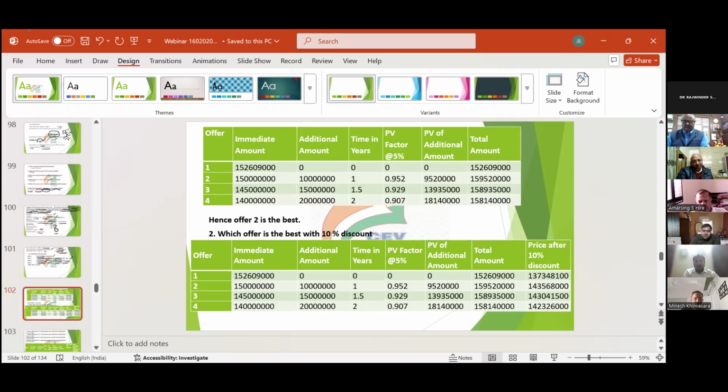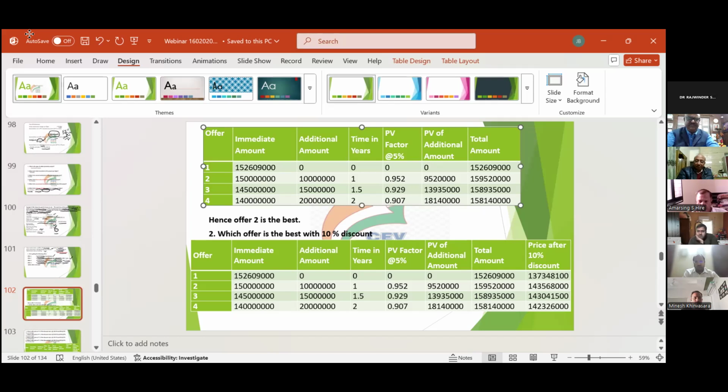So in the first offer, he will be getting 15 crore 26 lakh 9,000. Second, 15 crore immediately, 1 crore after 1 year. After 1 year, present value factor is 0.952, means he will be getting 95 lakh 20,000, means he will be getting a total of 15 crore 95 lakh 20,000.